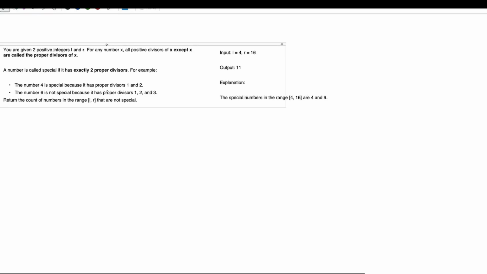So for any number x, all the positive divisors of x except x are called proper divisors of x. So what does that mean? Let's say we have the number 4. If we take the divisors, we have 1, because 4 is divided cleanly by 1, 2, likewise divided cleanly by 2, and also 4.